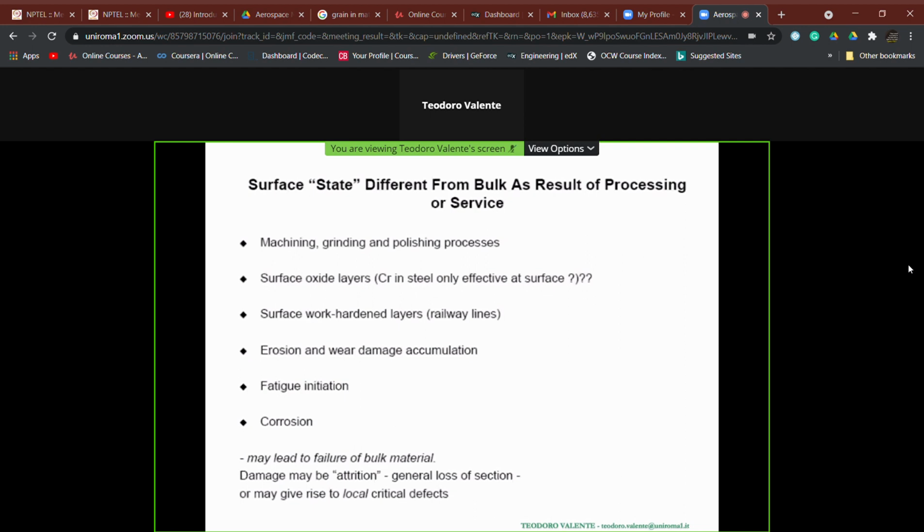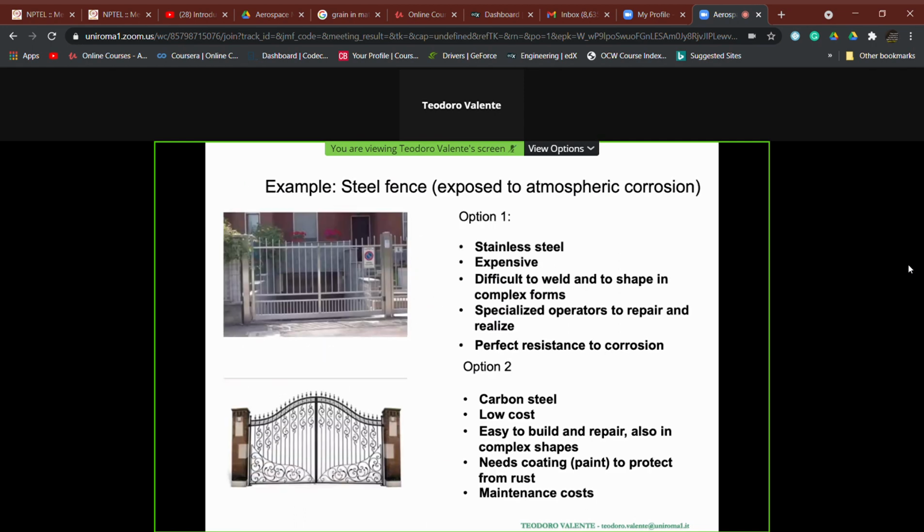And the third area is the possibility to have a surface state which is different from the bulk as a result of processing or service. Think, for example, of the formation of passivation oxides on steels, the possibility of localized corrosion phenomena on the surface itself, and all that results from machining, grinding, or polishing processes on the surface of the components.